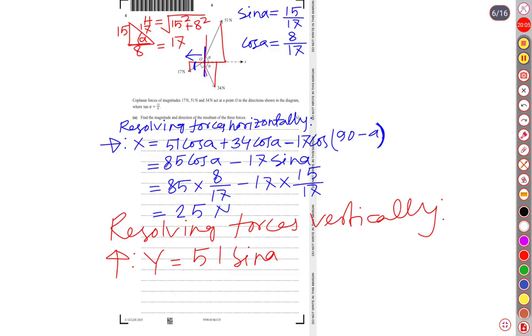Then there is no more force vertically upward. Look at this, only one force is acting vertically upwards. Rest of the forces are acting downward. So there will be subtraction, minus. For the second triangle, it is minus 34 sine alpha, magnitude was 34. Then another one is also below the reference frame, so this is negative. Then 17 sine, it is not sine alpha as I have told earlier.